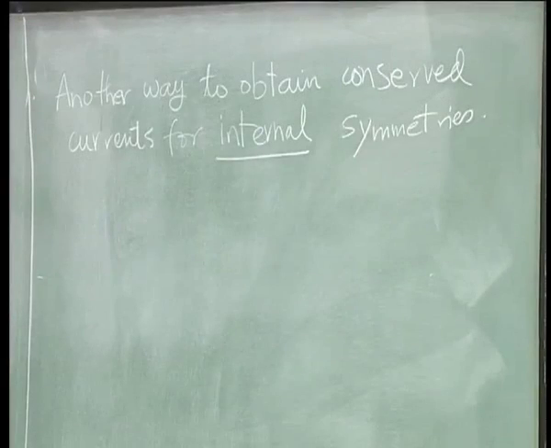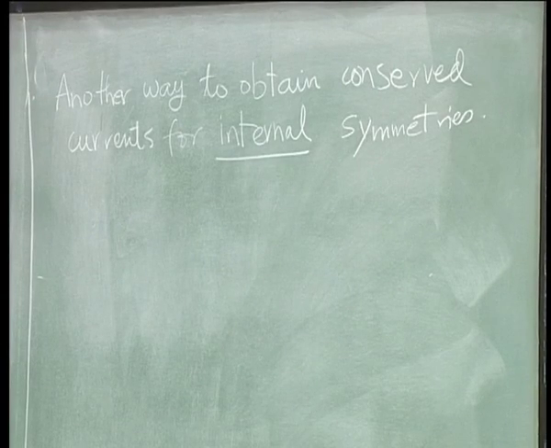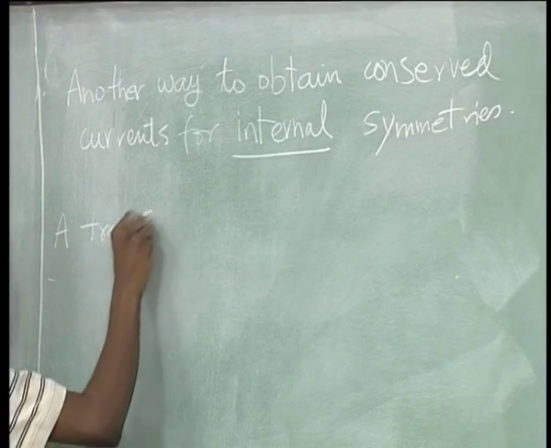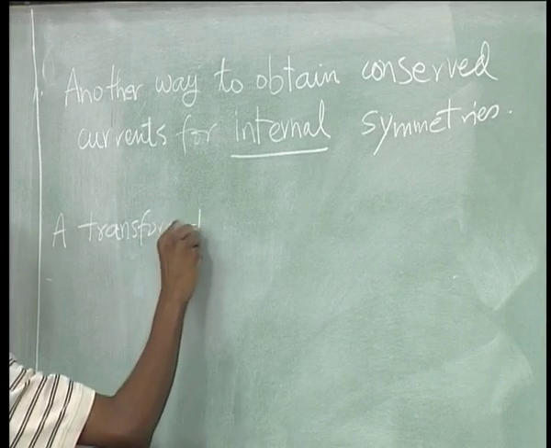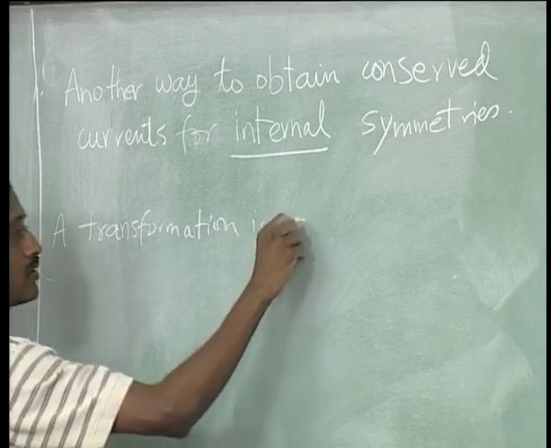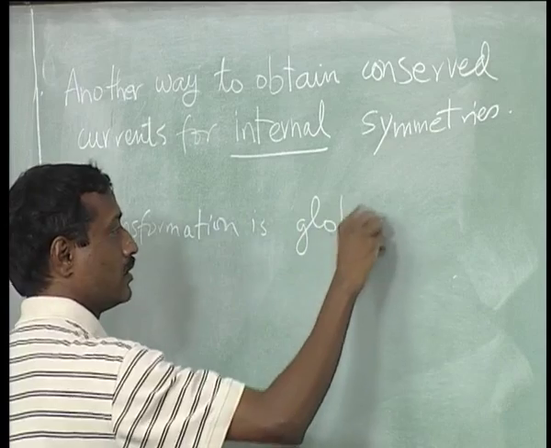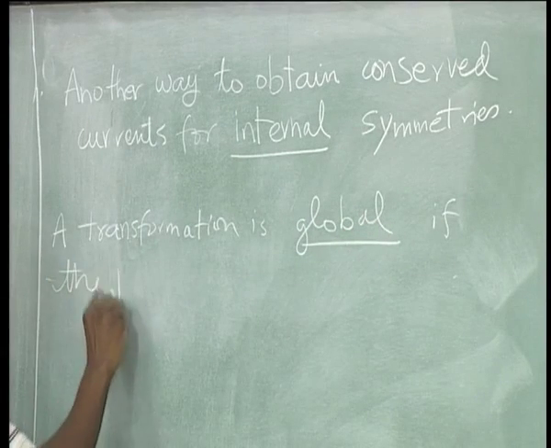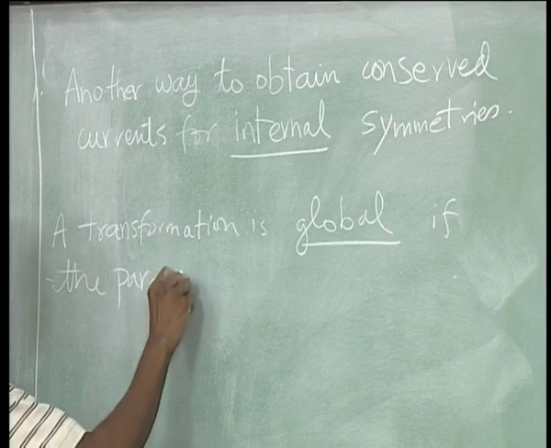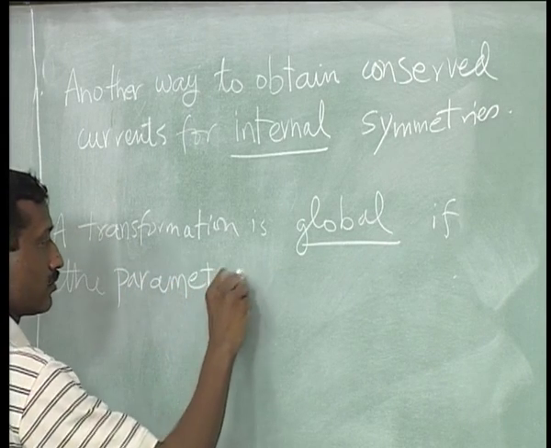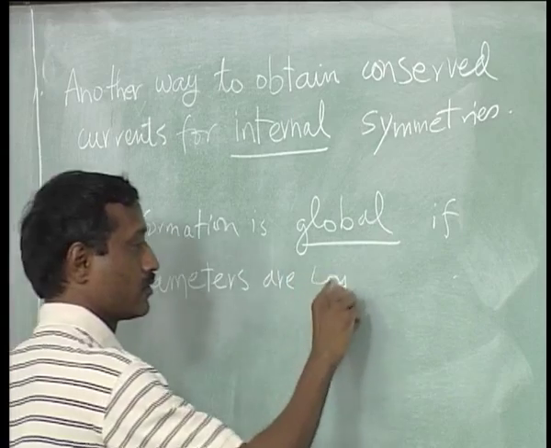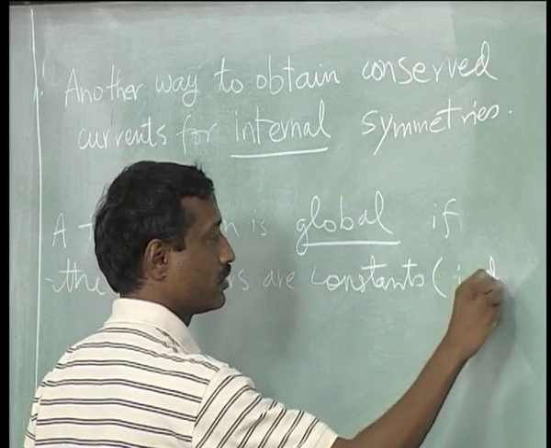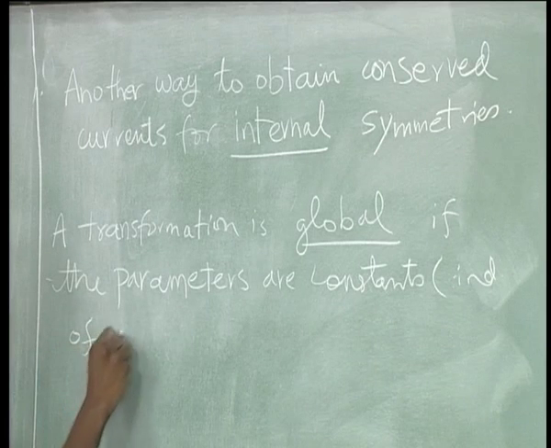Okay. So, I need to define a little bit. I will call a symmetry transformation global if the parameters are constants, that is independent of space time coordinates.